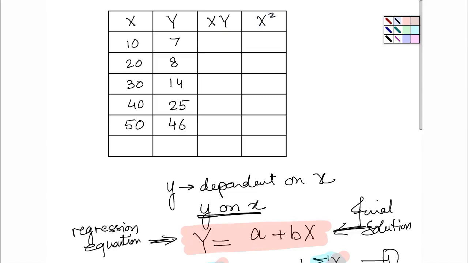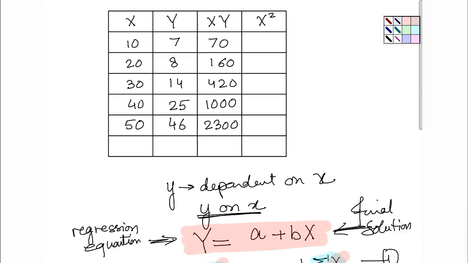Okay, now what will be xy? It will be 10 into 7, giving me 70. 20 into 8 giving me 160. Then you have 420, 1000, and 46 into 50 would give me 2300.